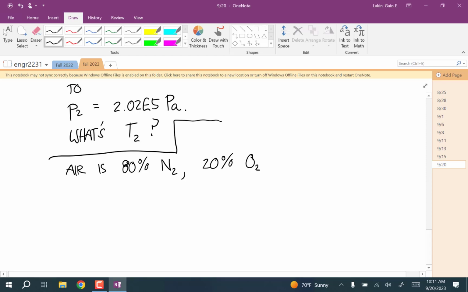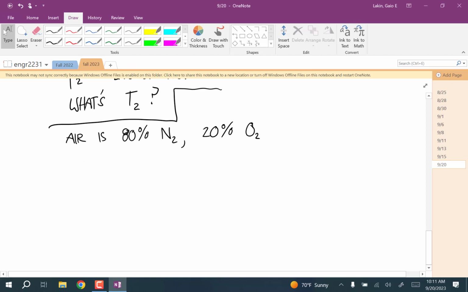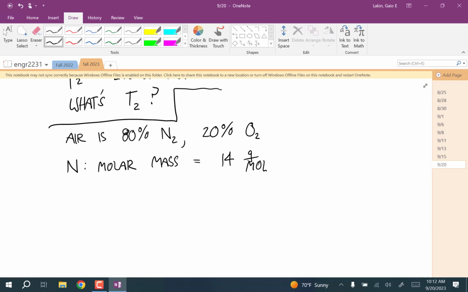And so we have to know what the molar mass is for N2 gas and O2 gas. Nitrogen molar mass for just a single atom of nitrogen is 14 grams per mole. That's just the atomic mass that you read right off the periodic table.